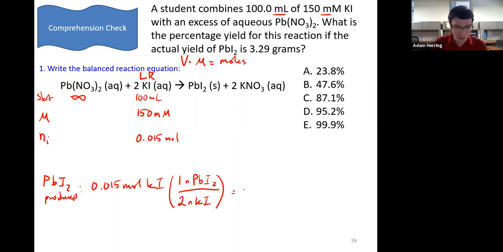That means that we have 0.0075 moles of lead iodide. And that would be equal to our final moles.